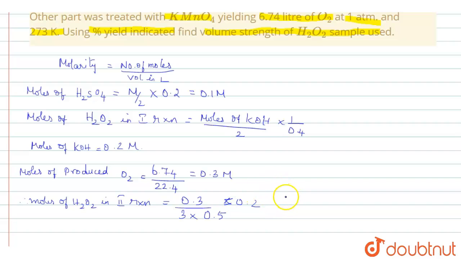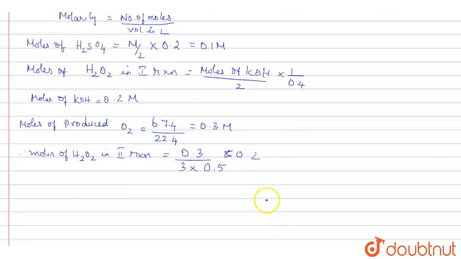The next step will be the total moles of consumed H2O2. The total moles of consumed H2O2 will be equal to the first part and the second part. I am just going to add here. The first part, the value that I have calculated, is 0.25.